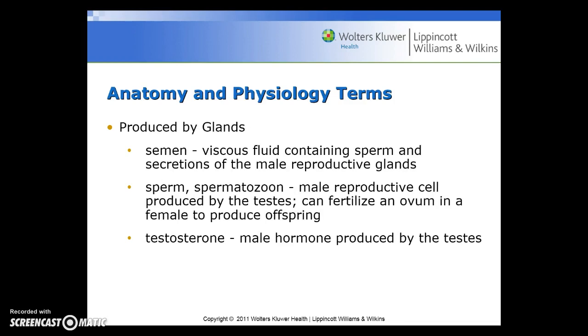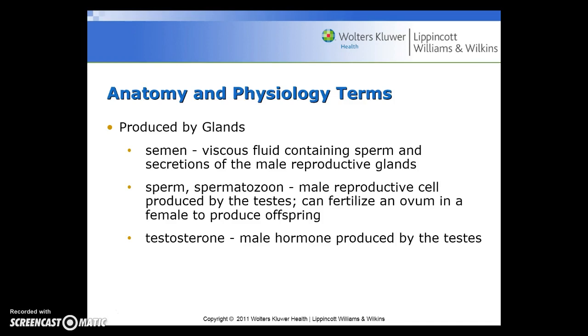Semen is the viscous fluid containing sperm and secretions of the male reproductive glands. Sperm, or spermatozoon, is the male reproductive cell produced by the testes, and it can fertilize an ovum in a female to produce offspring.